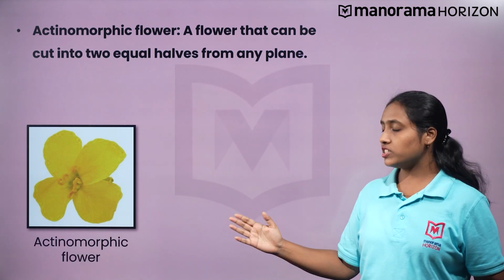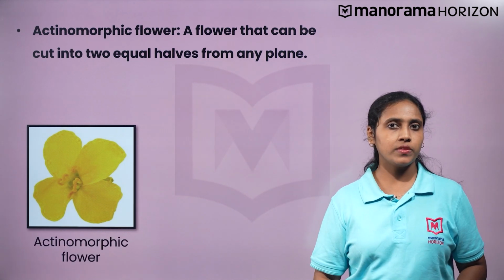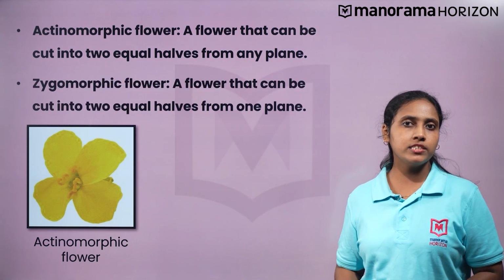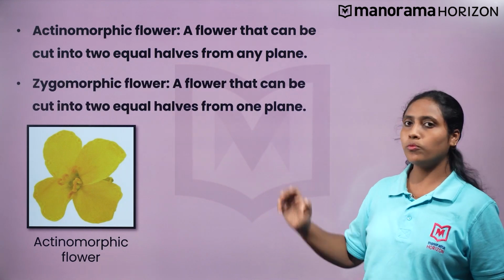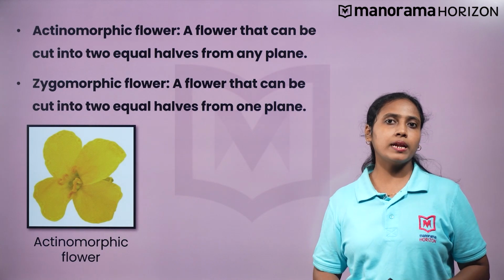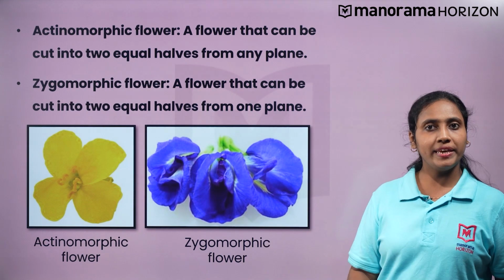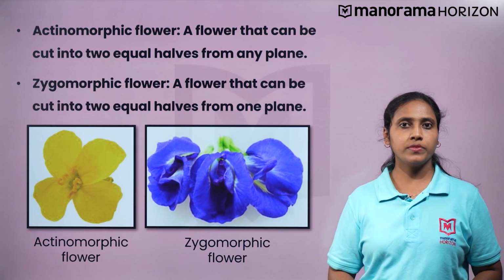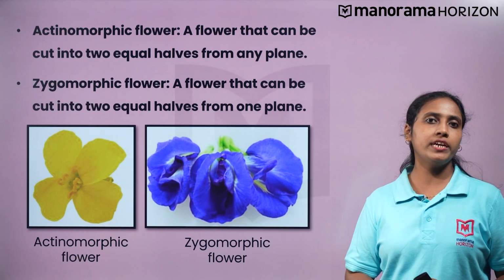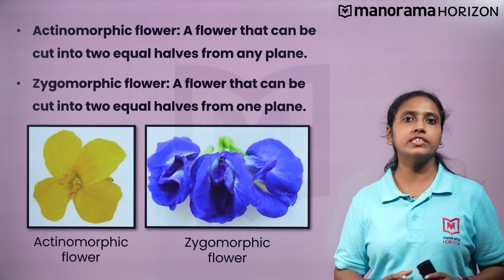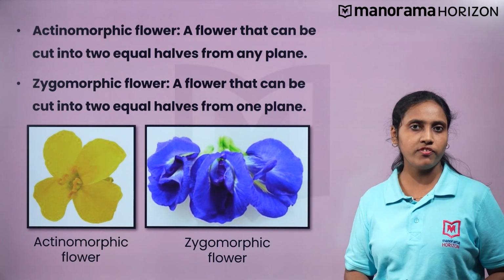Example, mustard, chili, etc. Flowers having bilateral symmetry are called zygomorphic flowers. It can be divided into 2 equal halves.